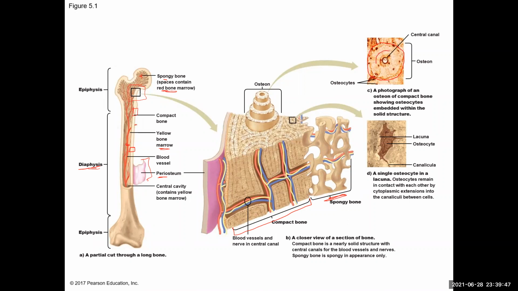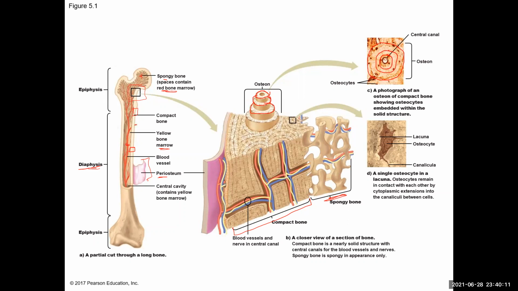And then on the inside, you'll have another one, and you'll have another one, right? So that's basically what we're seeing here. So here's that circle, right? You have another circle, right? And so this hierarchy of circles are the osteon, which is also known as the Haversian system.